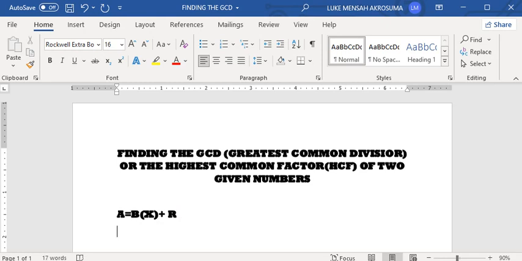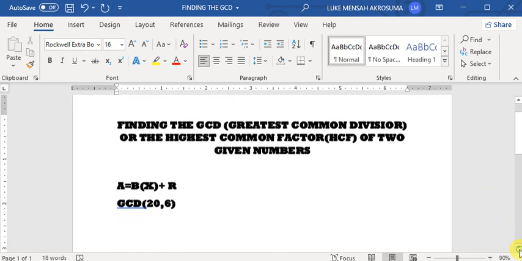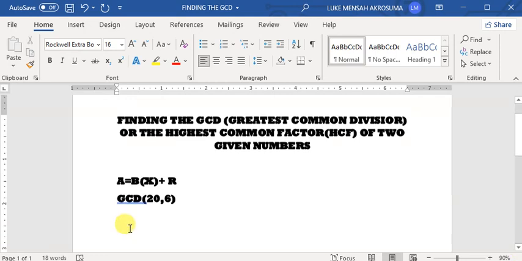You may be asked to find the GCD of these numbers, 20 and 6. What we do is to bring the 20 outside, equate that to 6.